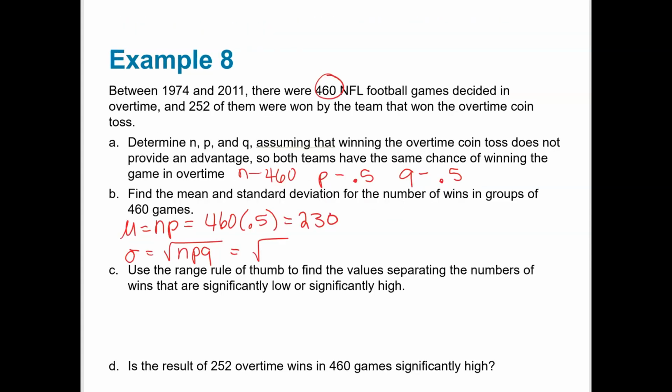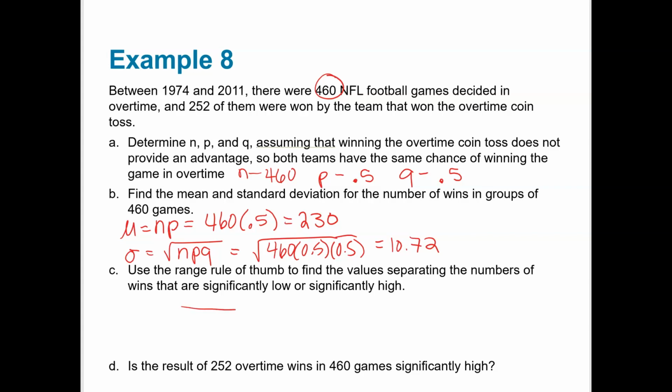So that's the square root of 460 times 0.5 times 0.5. And when you type that into your calculator, you should end up getting the square root of 115, which is 10.72.